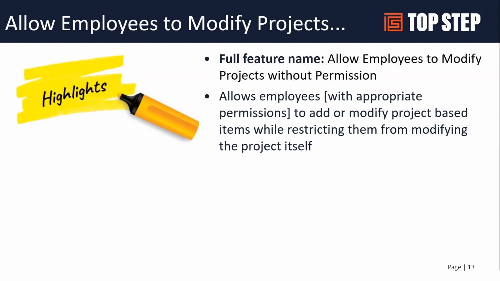While there were previously no restrictions on who could edit a project properties form, even though they may have only needed to update a project issue, for example, this option allows for that split to determine who can and cannot update a project itself while updating items, again, such as an issue within the project. Examples included in this feature are budget items using the transactional budget feature, project issues, and hopefully soon billing and recognition rules.